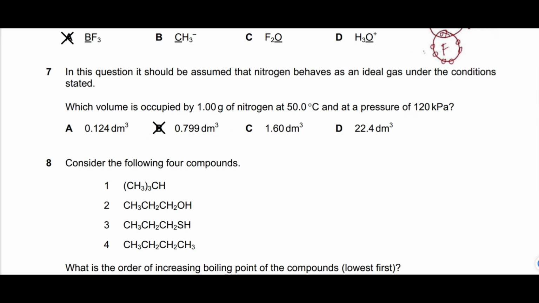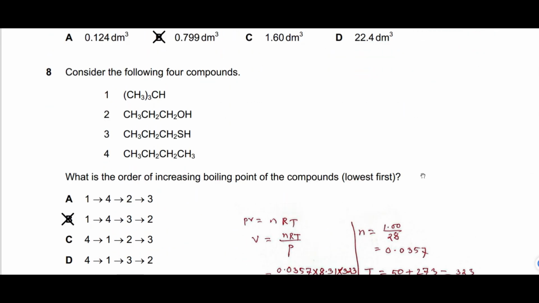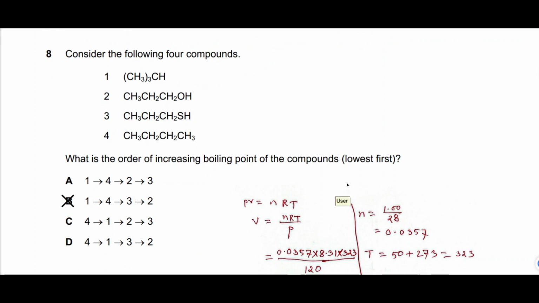Now next, number 8. Consider the following 4 compounds. This 1, 2, 3, 4. What is the order of increasing boiling point of these compounds? Lowest first, lowest to highest.